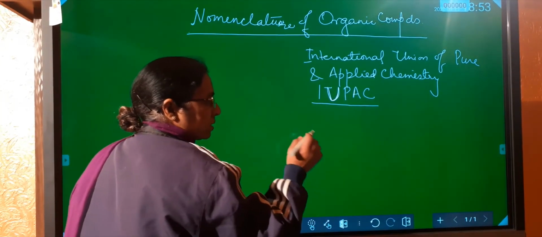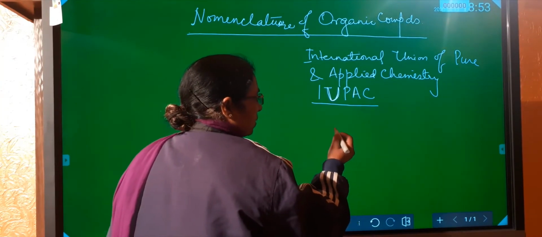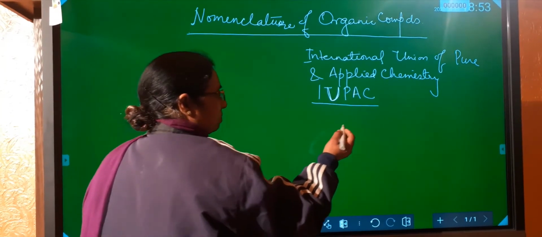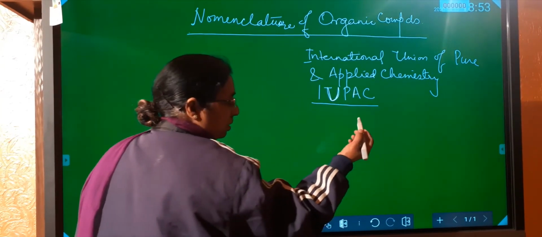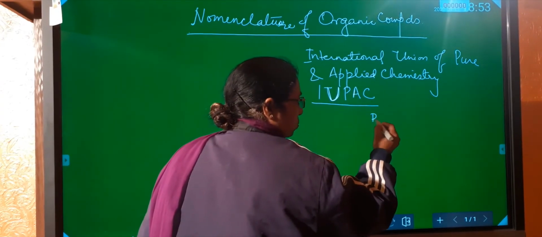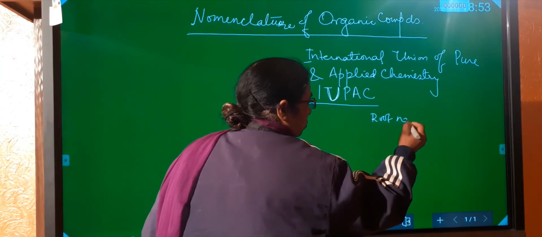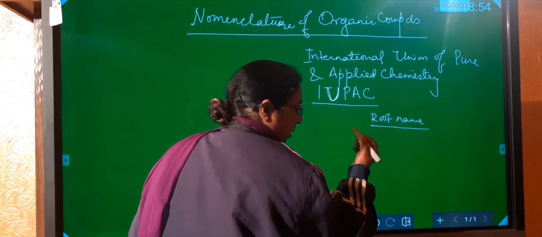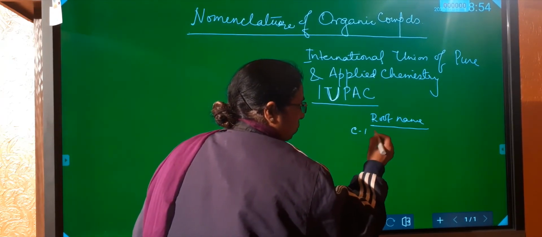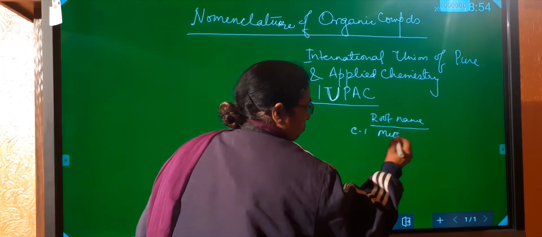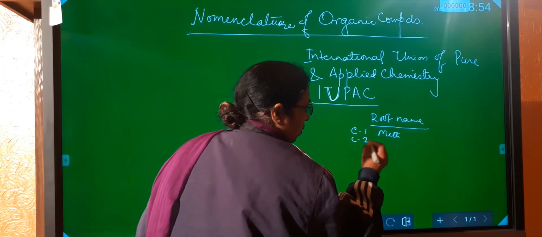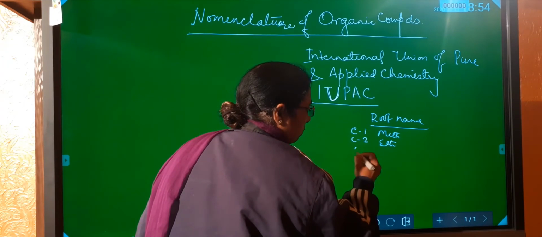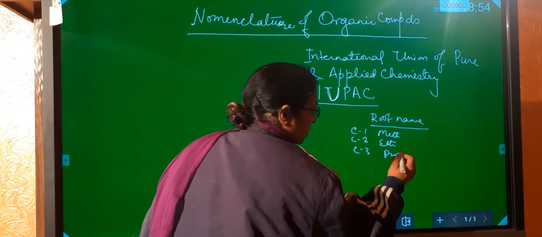Now what rules are set up for this? First of all, we have already learned that there is a root name, and the root name is based upon how many carbons we have. If it is C1, we call it meth. For C2, eth. For C3, prop.